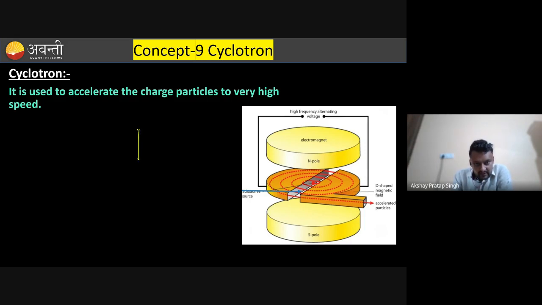it has some conducting hollow plates in the shape of D. I don't know whether I can draw it properly, but can you imagine that this is a sheet which is hollow from the inside and in the form of a D. And a similar D is placed opposite to that, like this.